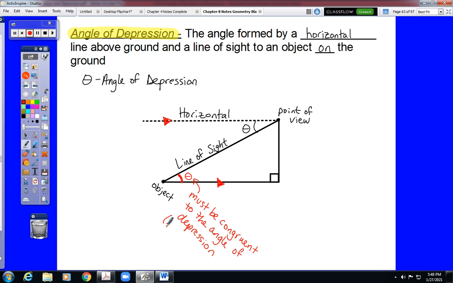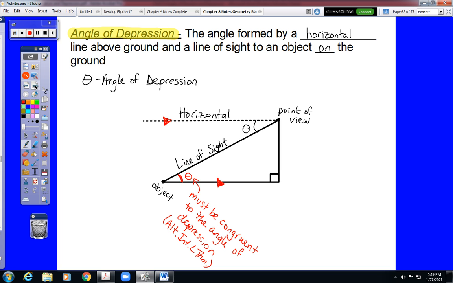According to the alternate interior angle theorem, any time a pair of parallel lines is cut by a transversal, like the hypotenuse, alternate interior angles must be congruent. So again, this is the other type. Every time the word problem says angle of depression, we would start with this picture.